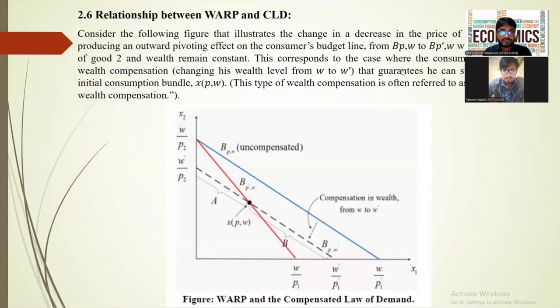We concluded that it must lie on segment B, leading to an increase in the quantity demanded of good one when its price decreases, confirming the negatively sloped Hicksian demand curve. However, we could not determine the slope of the Walrasian demand curve due to the potential influence of the wealth effect and the nature of the good. These insights highlight the complexities of consumer behavior and demand analysis.